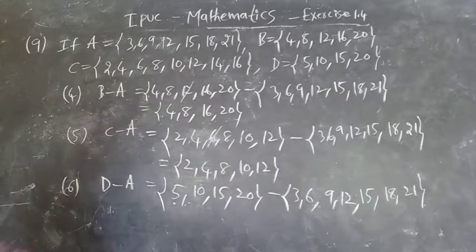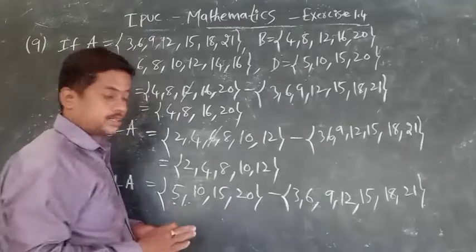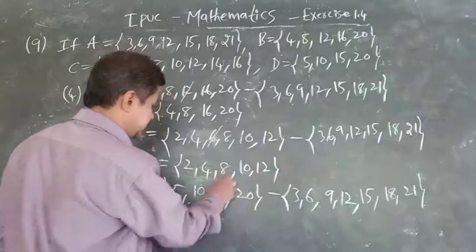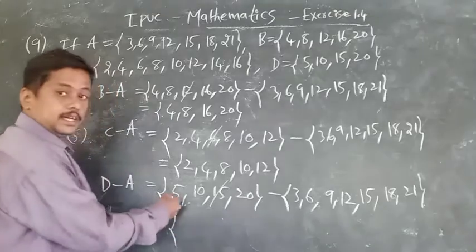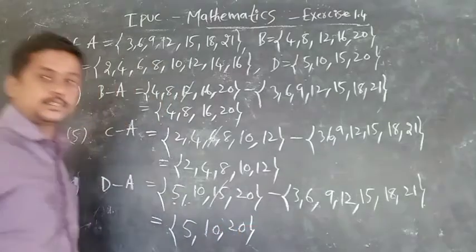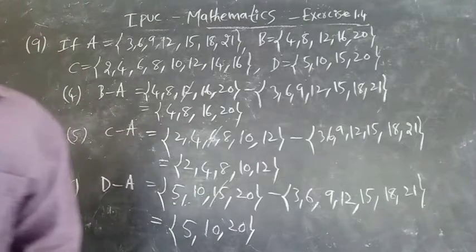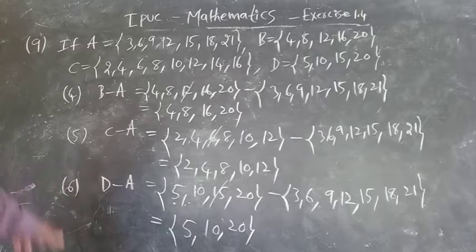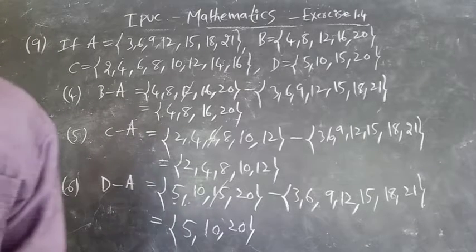Now cancel. 3, 6, 9, 12 not there. 15 is there. Cancel 15. 18, 21 not. So what is the answer? 5, 10, 20. So this is the answer. Okay. Next. Six questions are over. Next we will move to the next questions.